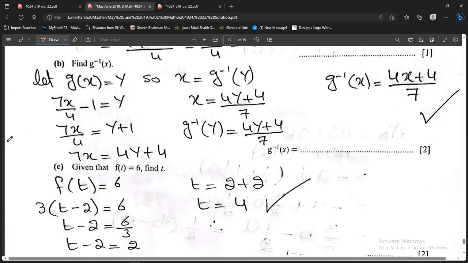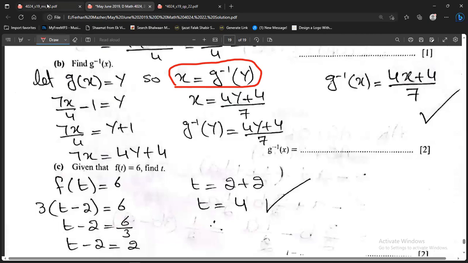So 7x is equal to 4y + 4, and x will be equal to (4y + 4)/7. In place of x, I will write g inverse of y, that is equal to (4y + 4)/7, and then I will change the variable. So g inverse of x is equal to (4x + 4), the whole thing divided by 7.